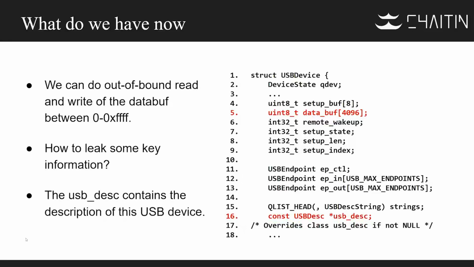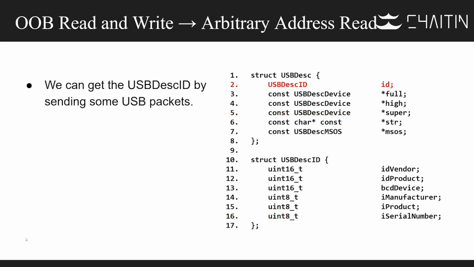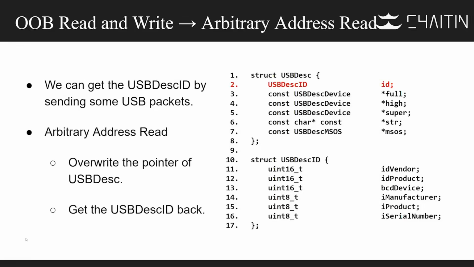We all know that every USB device has its own vendor ID and product ID for the driver to identify what this USB device is. QEMU emulates this by using the USB descriptor structure. We can get all the USB descriptor IDs in the guest by sending some normal USB packets.